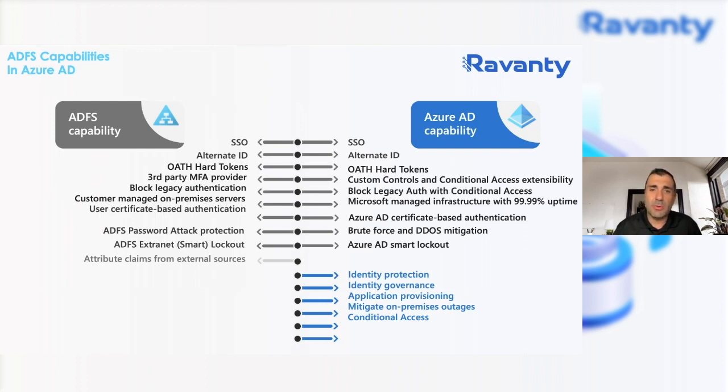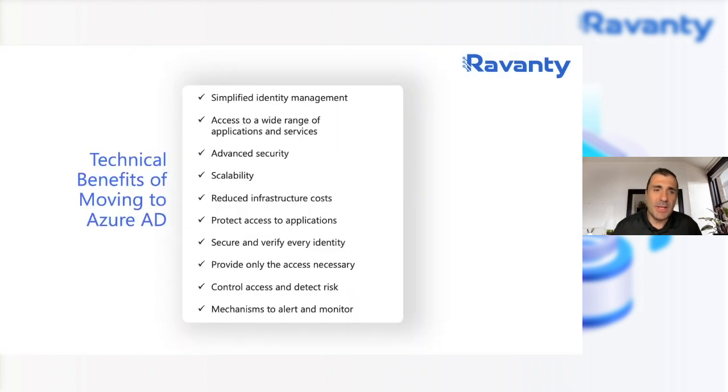So this table presents a view of the different capabilities and what ADFS and Azure AD offer in their environments. As we move ahead, let's talk about some of the technical benefits of moving to Azure Active Directory. Simplifying identity management, you have access to a wide range of applications and services. Advanced security, this is something we're going to talk a lot about.